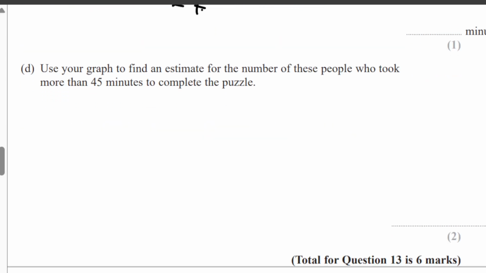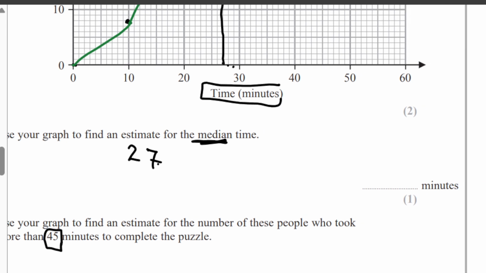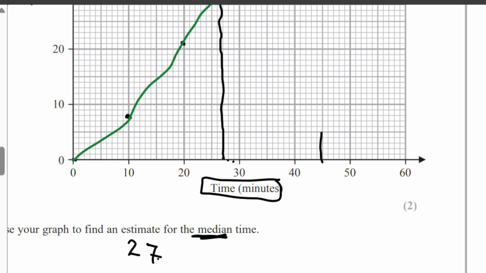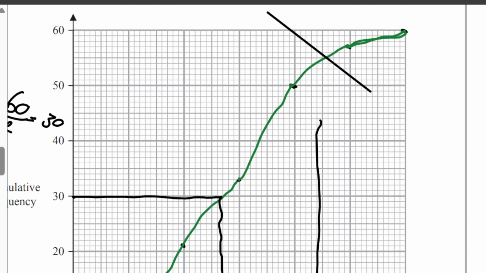Last question is, use the graph to find an estimate for the number of people who took more than 45 minutes. Minutes is the x-axis. So where is 45? 45 is here. So you make a line up. 45. You make a line.